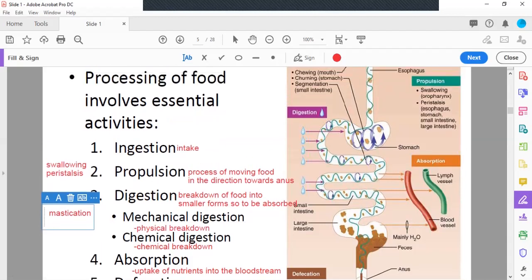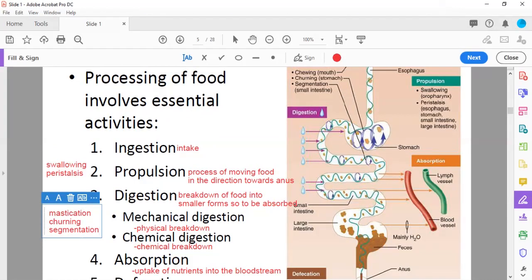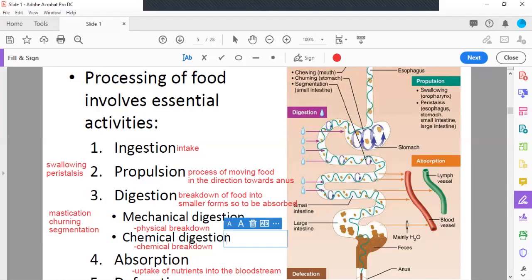And you have what's called churning, the mastication in your mouth, churning in the stomach, and segmentation in the small intestine. And chemical digestion can simply be stated as using enzymes.